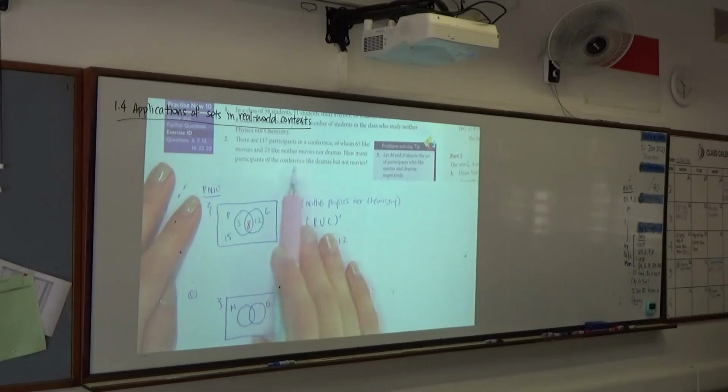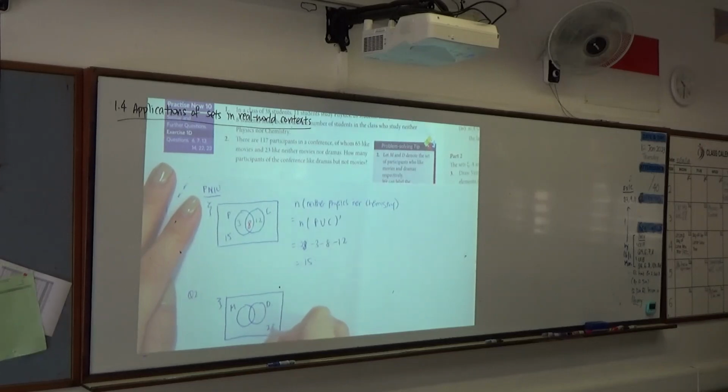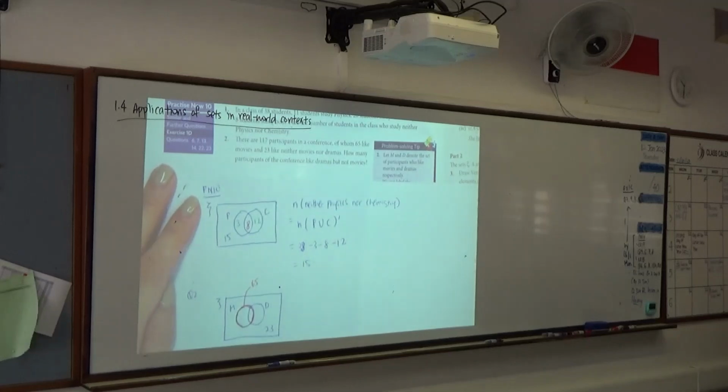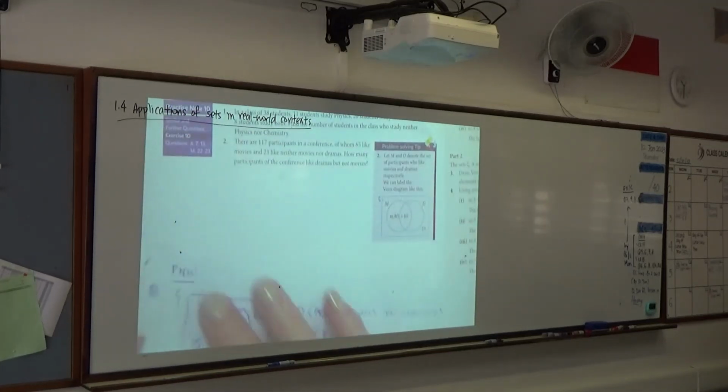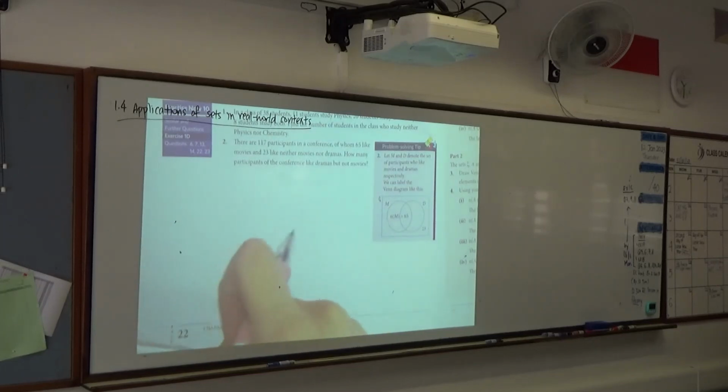So 65 like movies, 23 like neither movies nor dramas. I can only put the 23 outside. I do not know how the 65 will work out, because it is this entire circle that represents 65. Oops, I'm sorry. Let me just close this up.